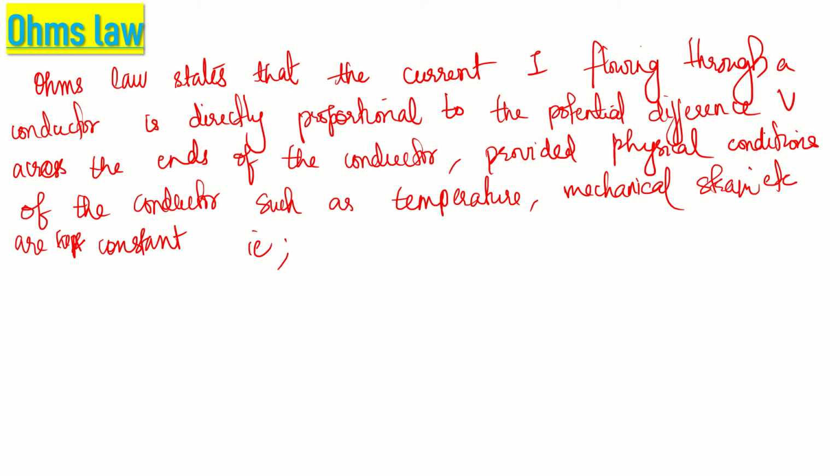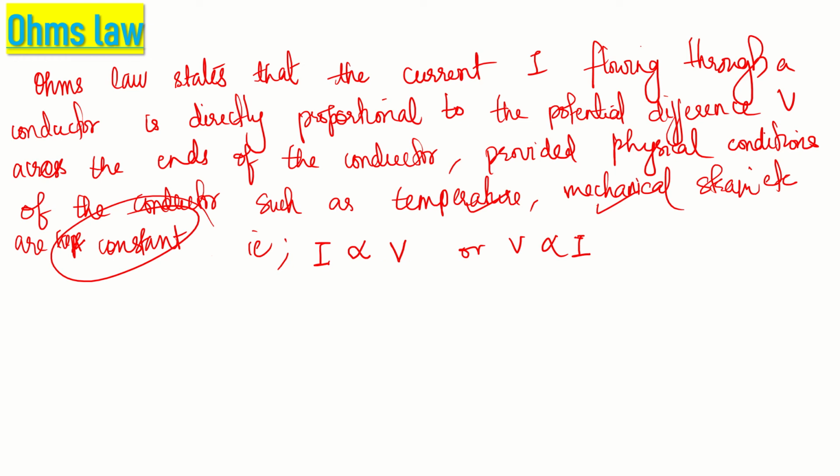That is, I will once again read the statement. Ohm's law states that the current I flowing through a conductor is directly proportional to the potential difference V across the ends of the conductor, provided physical conditions of the conductor such as temperature, mechanical strain, etc. are kept constant.